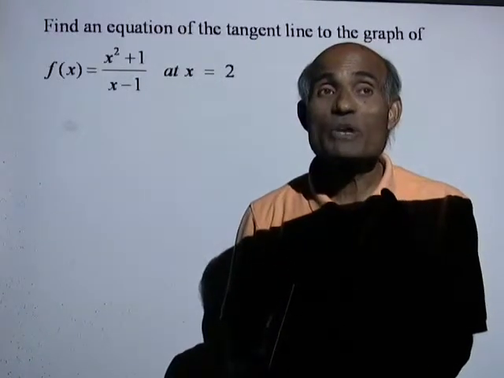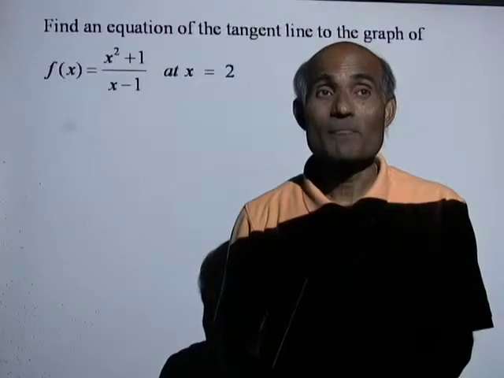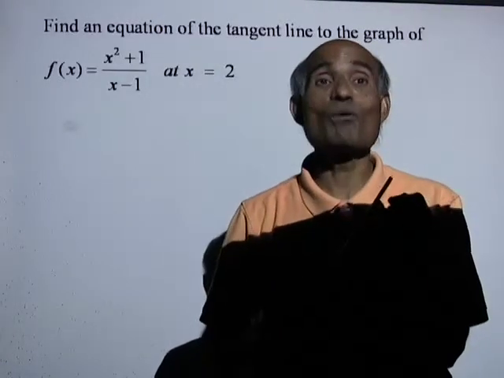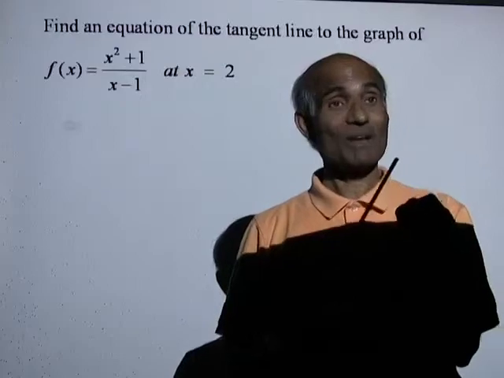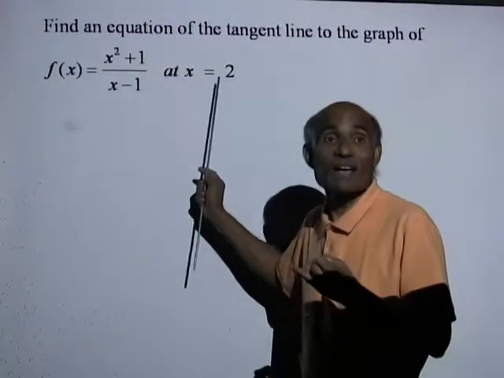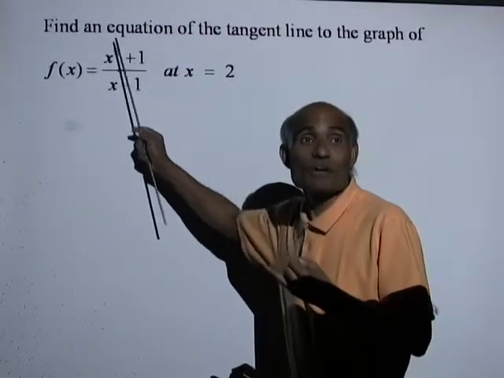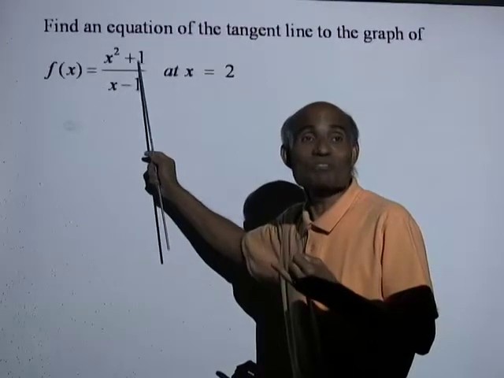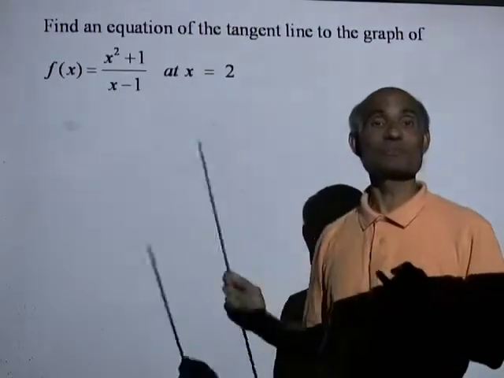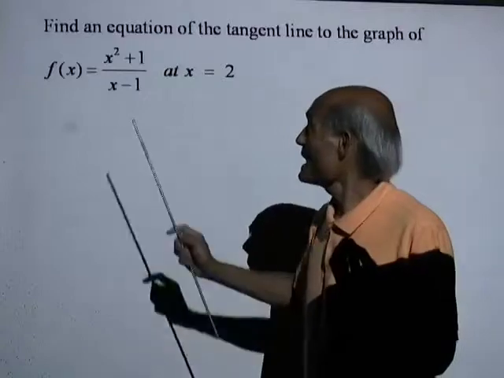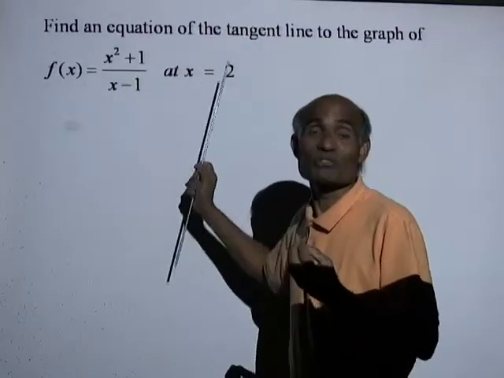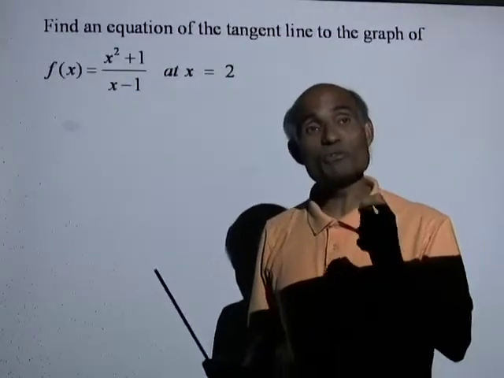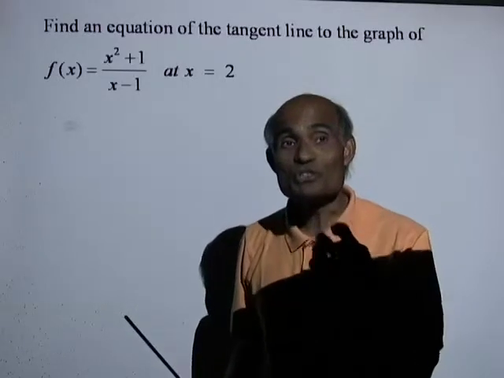We need the slope of the tangent line. The slope of the tangent line at x equal to 2 is the derivative of this function at x equal to 2. So we obtain the derivative of this at x equal to 2, and that will give you the slope.